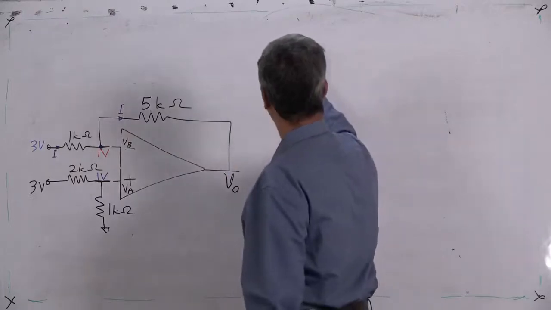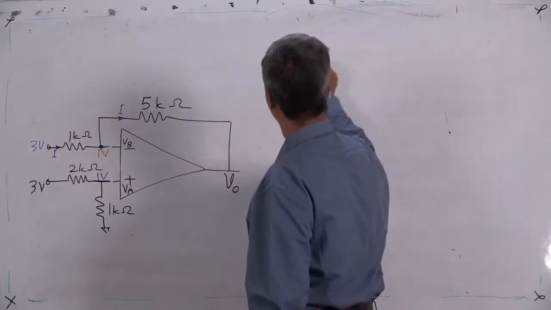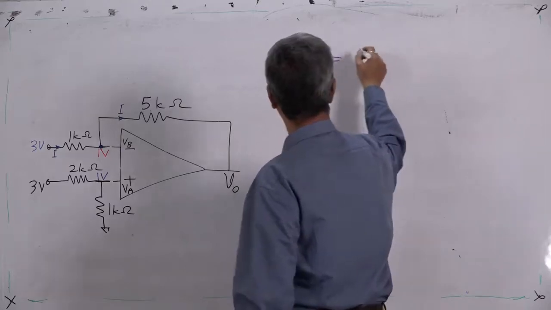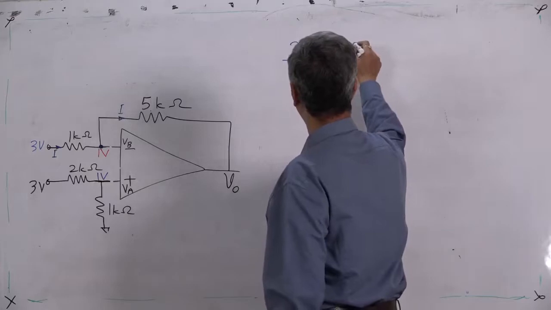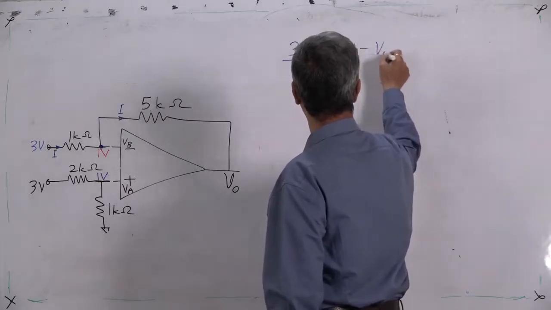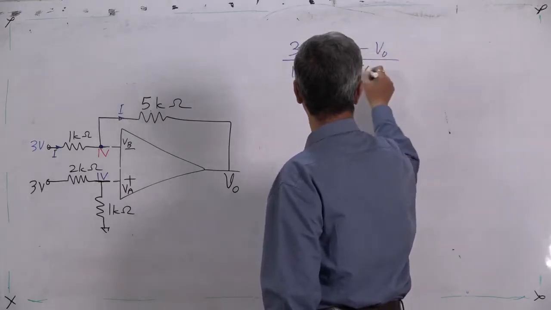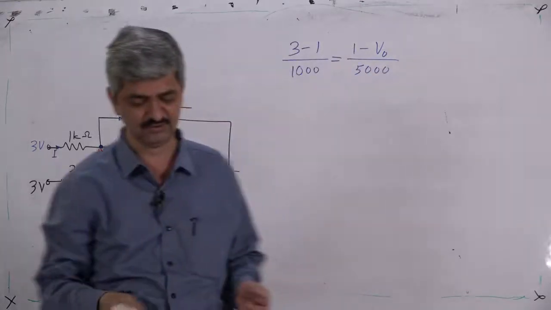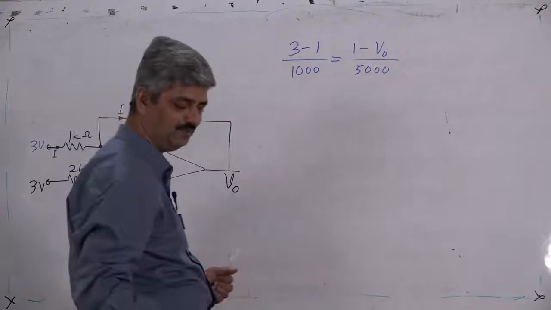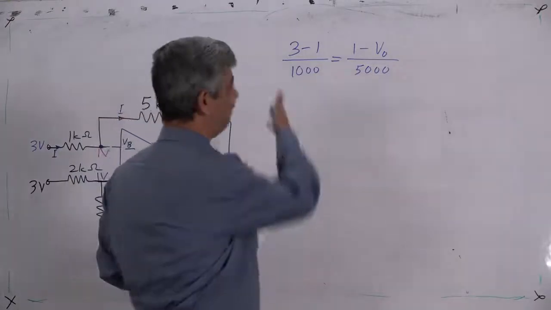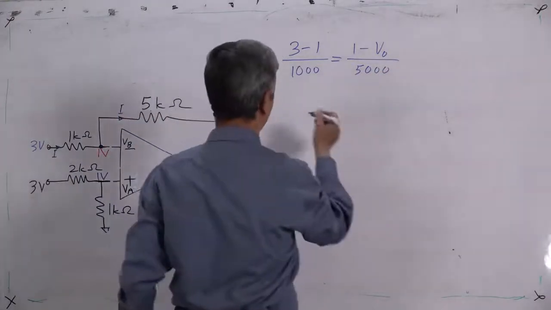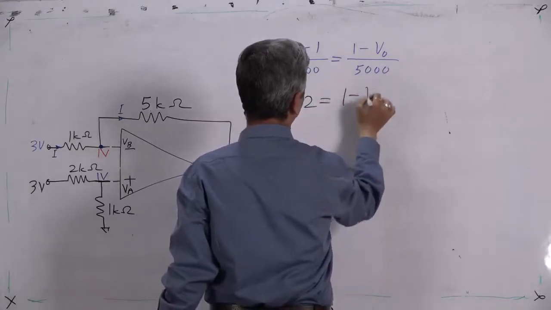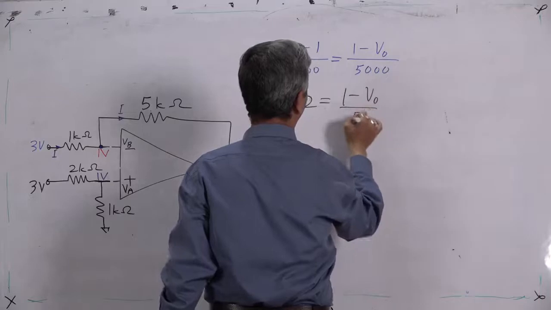So 3 minus 1 upon 1000 is equal to 1 minus VO upon 5000. 5 kilo ohms, we are using 5000. So obviously 1000 goes, 5 remains there, and so I can say 2 is equal to 1 minus VO upon 5, right?